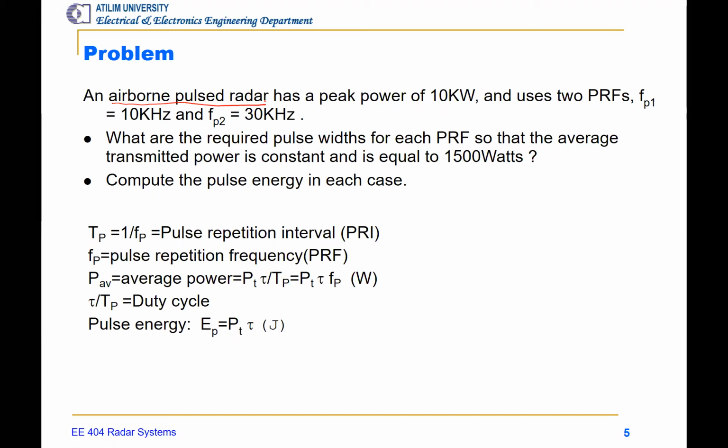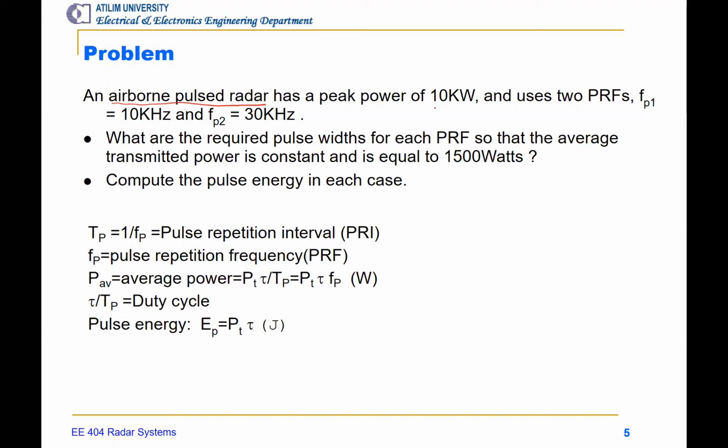Then that type of radar is called airborne radar, or a radar installed on a platform which detects objects over the ground or in space. That's airborne radar. It's pulsed radar, which means that it transmits pulses, just like in the case in the previous slide.